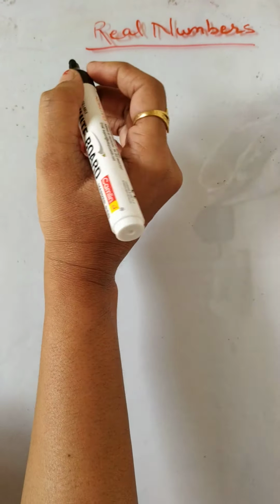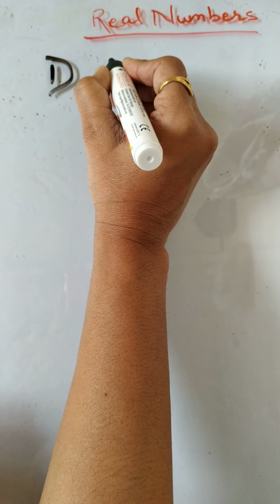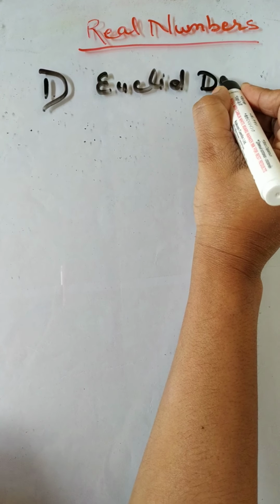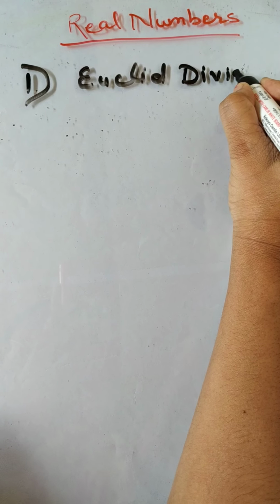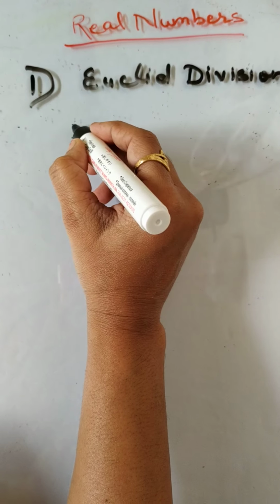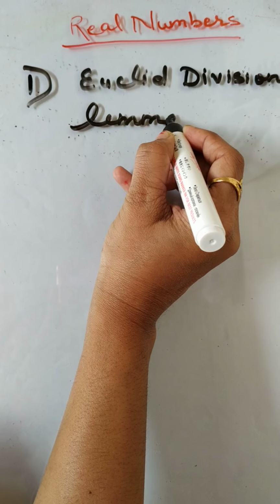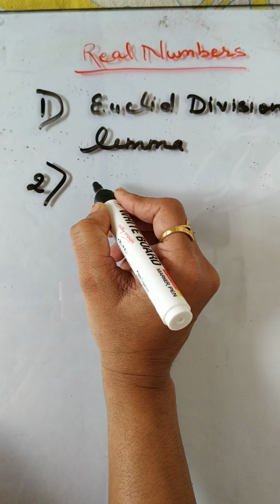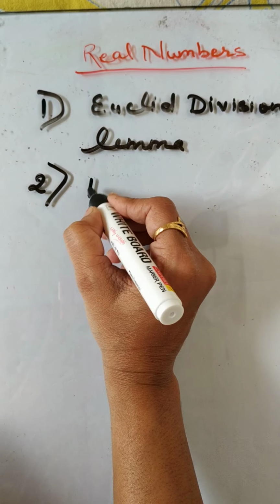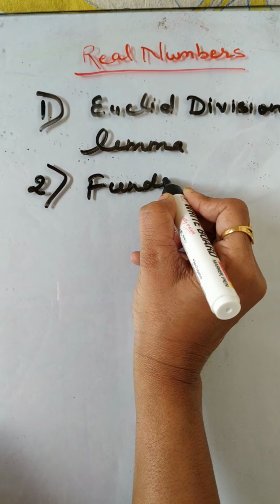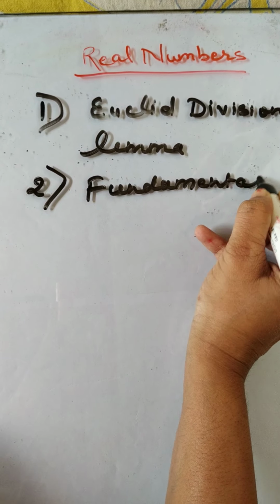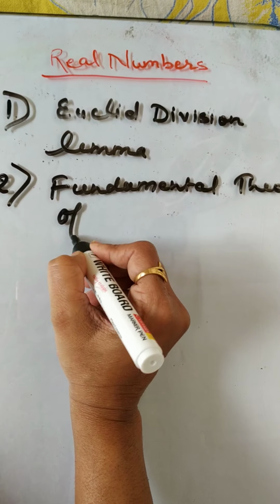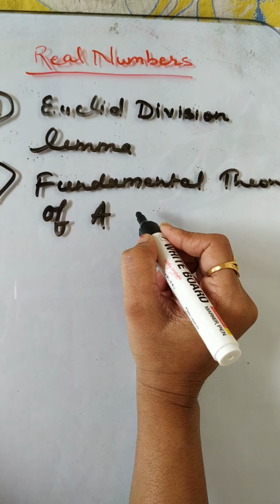These properties are, first one is Euclid's division lemma, and second one is the fundamental theorem of arithmetic.